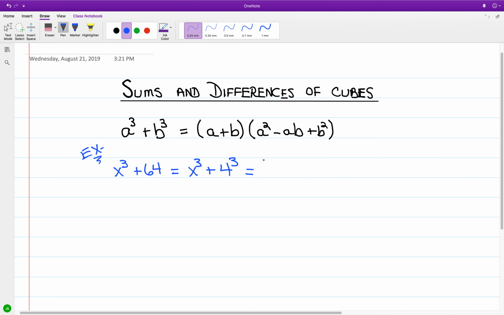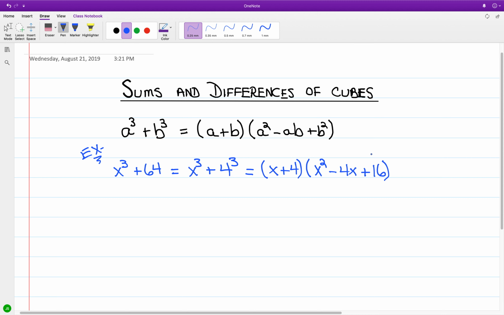In terms of factoring, we have x plus 4 times the quantity: a squared becomes x squared, minus a times b, so negative x times 4, a minus 4x, and with b at 4, 4 squared becomes 16.